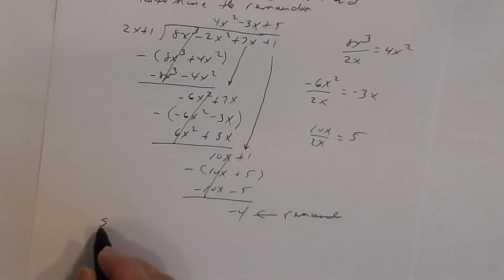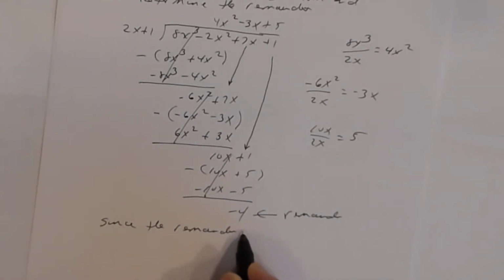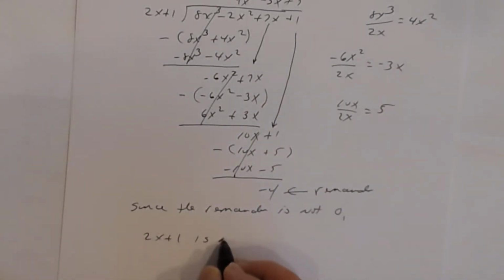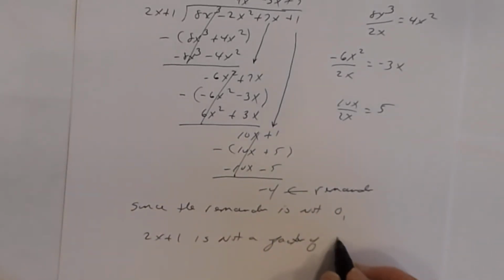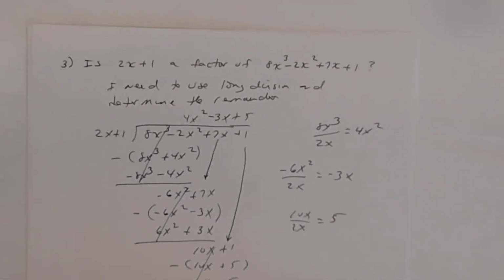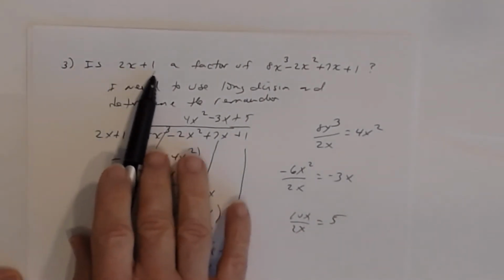So since the remainder is not 0, 2x plus 1 is not a factor of 8x cubed minus 2x squared plus 7x plus 1. And that's how you answer the question. All right, so on your worksheet and on test 4, you could have problems like this.